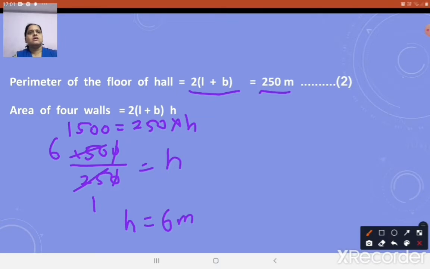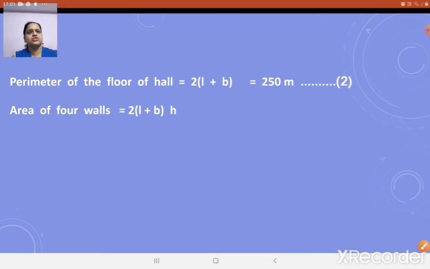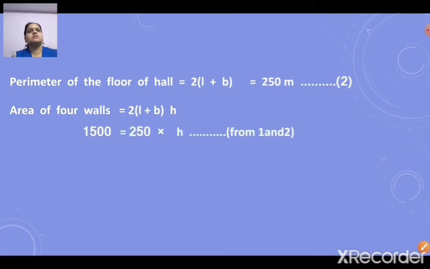Is it clear? Yes. So two things you have to remember here. From the total cost, find the area, that is the lateral surface area. Second, by using the perimeter, just substitute it in the lateral surface area and find the value of H. Look here once again: 1500 equal to 250 into H. From 1 and 2 we have substituted these two values.